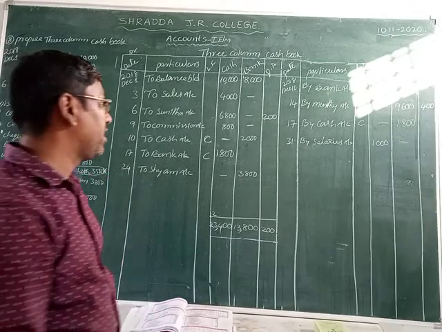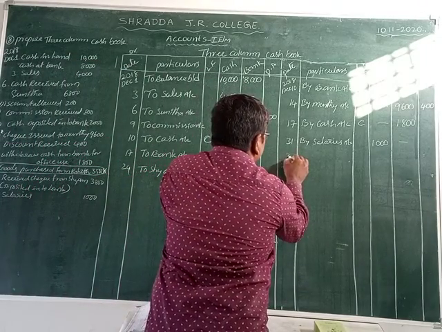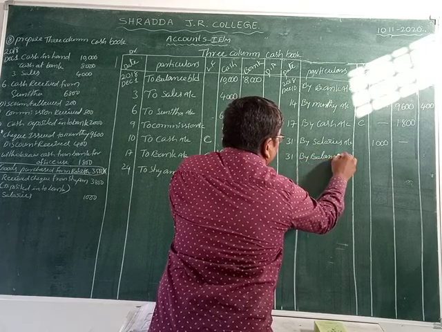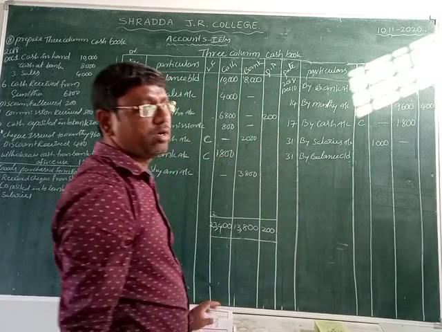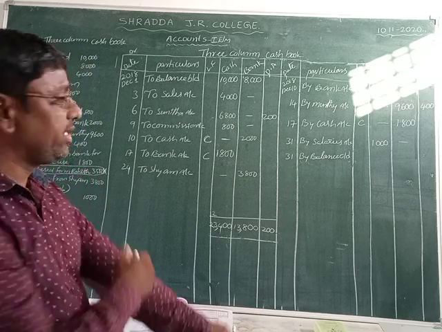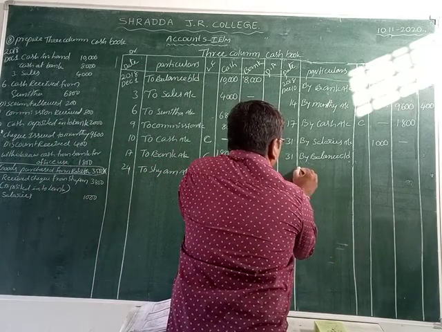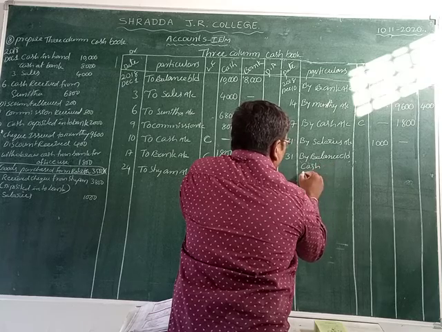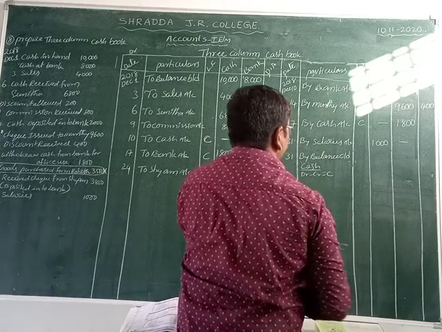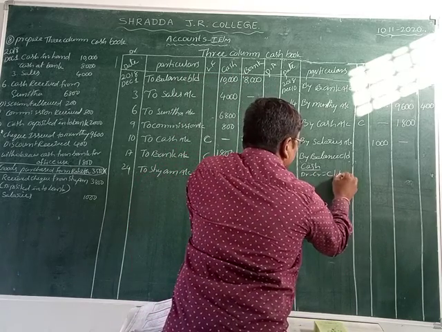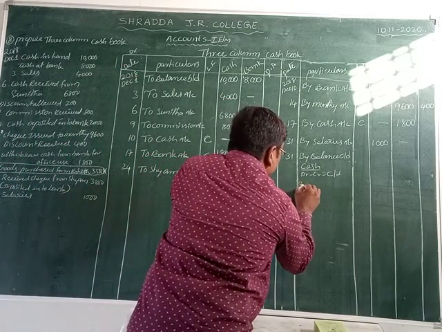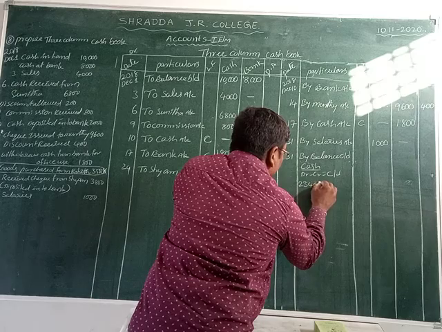There is a cash amount of 23,400, a bank amount of 13,800 and a discount allowed amount of 200 rupees. And finally we make the balance carried down on 31st. How do we make that? Total debit minus total credit. First we carry down the cash account. Cash is debit minus credit. The debit total is 23,400.